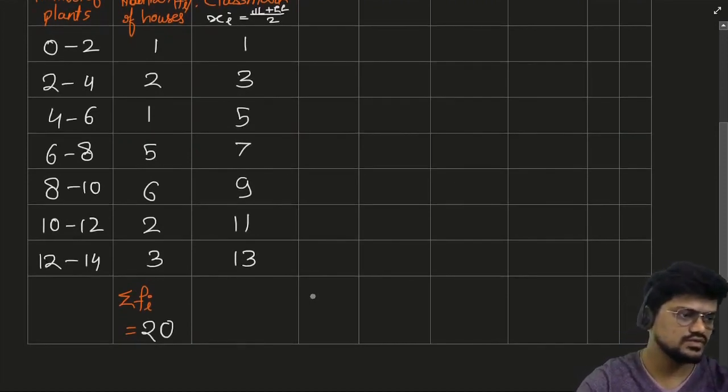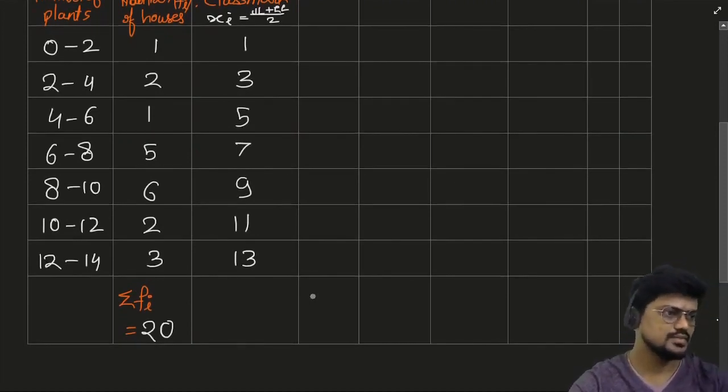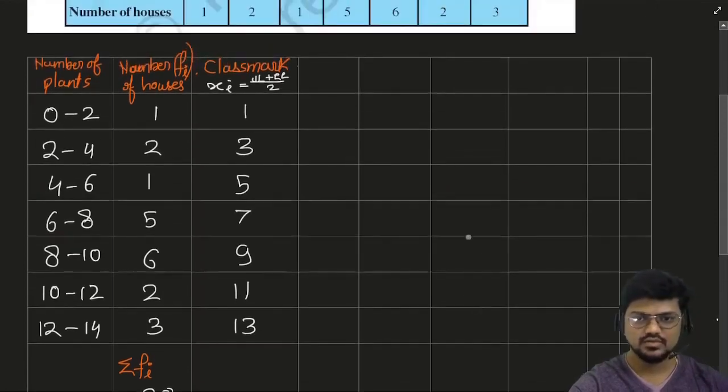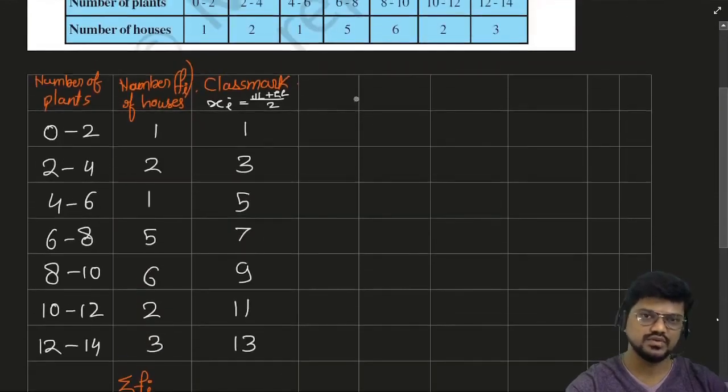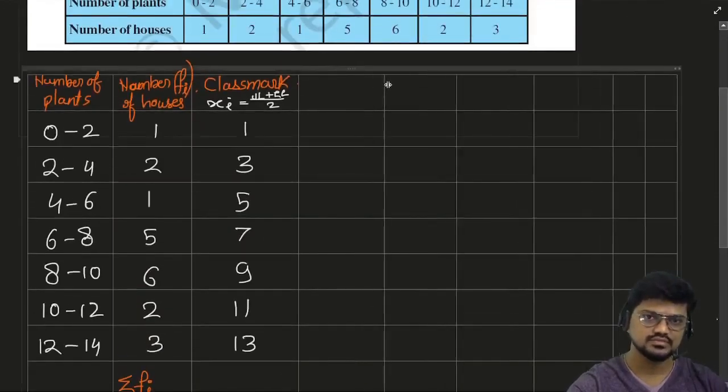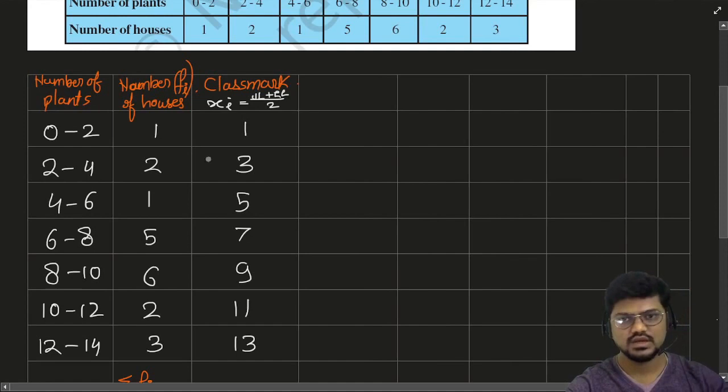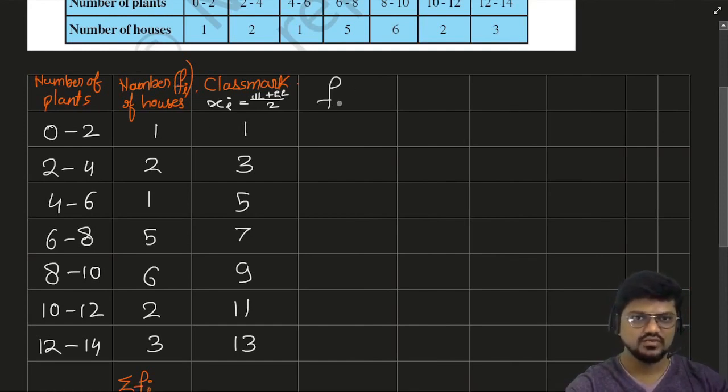Okay, that gives you 49. Wait, wait. We need summation of fi into xi, no? So we'll have to do fi xi first. If this is your fi and this is your xi, we'll find summation of fi into xi.